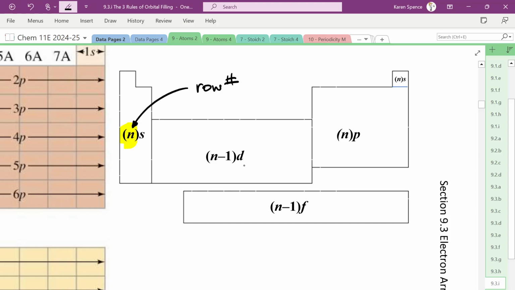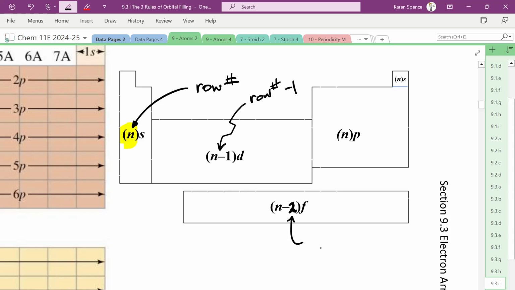So in the D subshell, we know that the D's lag one behind the row number, which means that we are in the N-1, row number -1. And the F should be, this is my typo here, it should be N-2. Okay, so that is a typo. I would like you to go there and fix that.